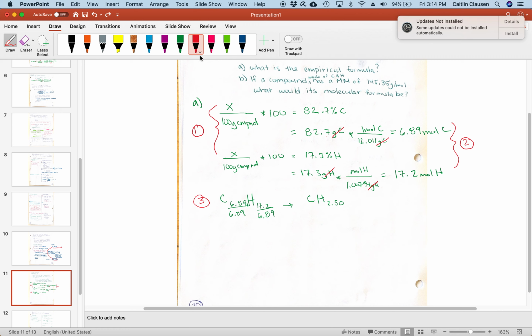And that's gonna give me C2, H5, and we're good. So luckily we didn't have to keep multiplying because we are now at exactly whole numbers. And this is our empirical formula.